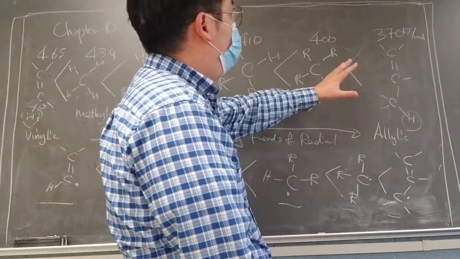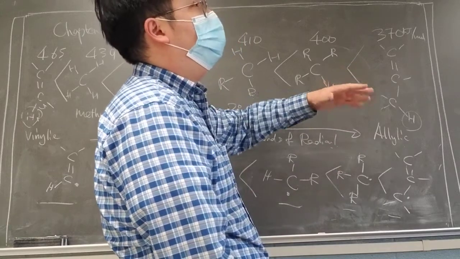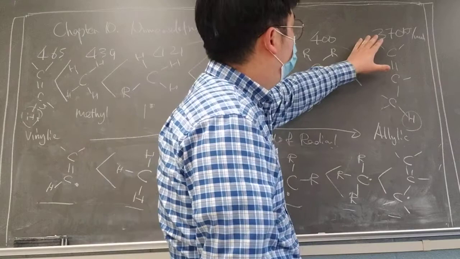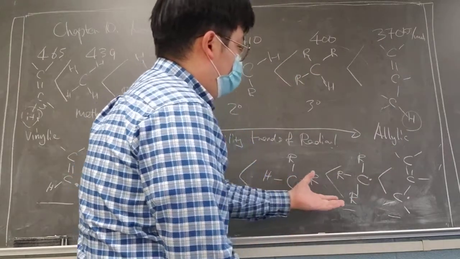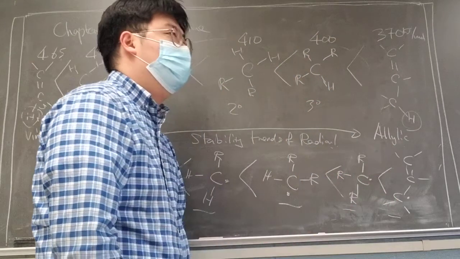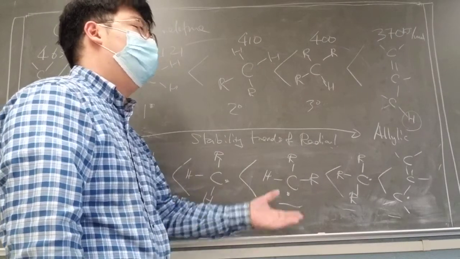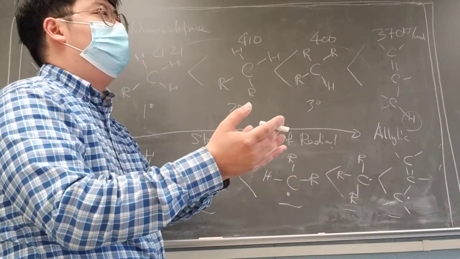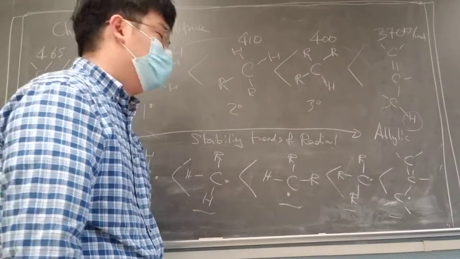So this is how we find out why this is more reactive and the other is not. This is only the experimental proof, but this form is just one example of why it's more stable, which makes the reaction go at a much higher speed.